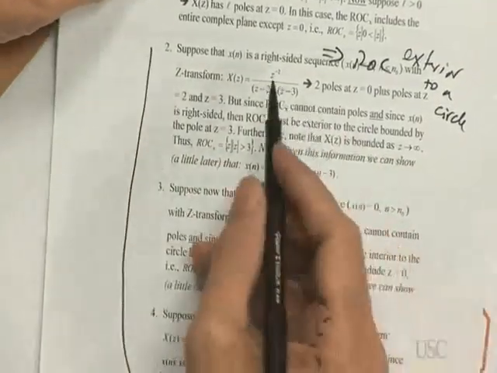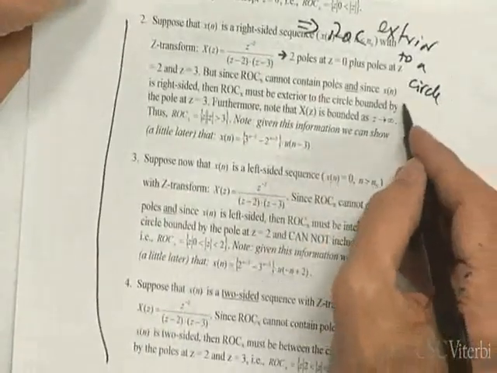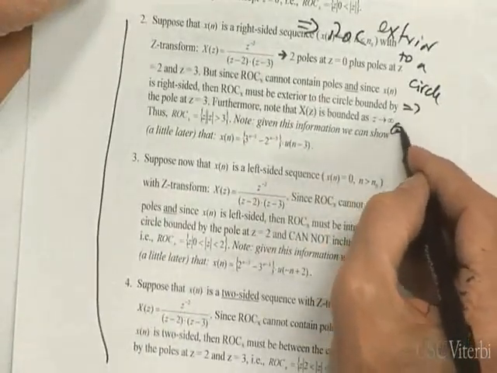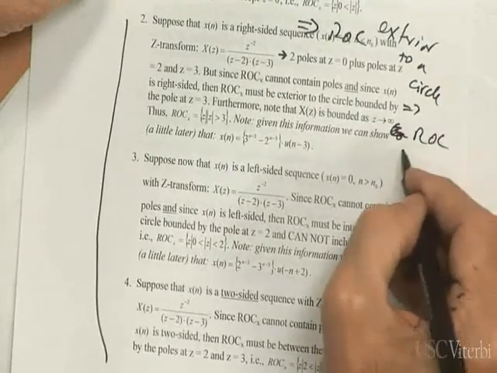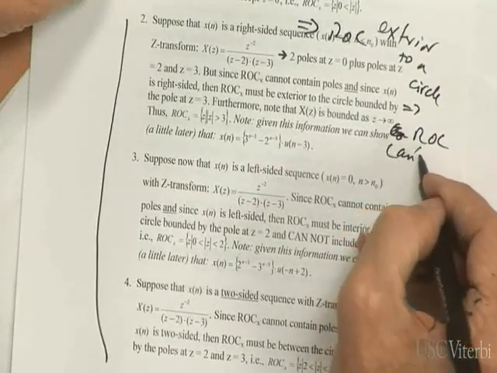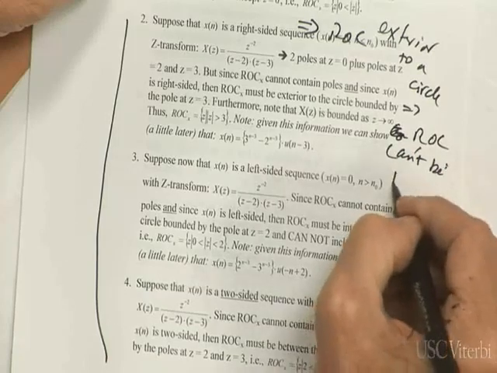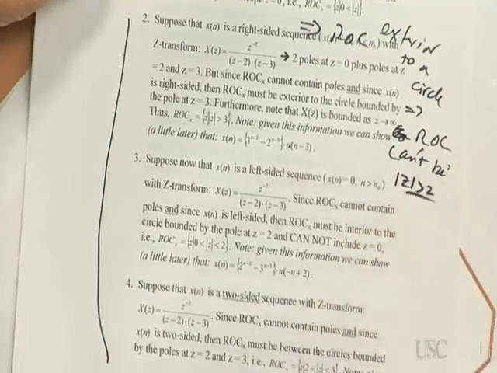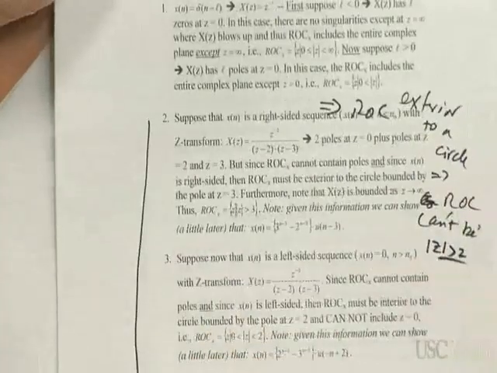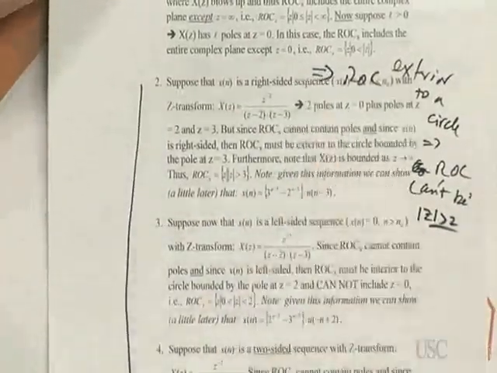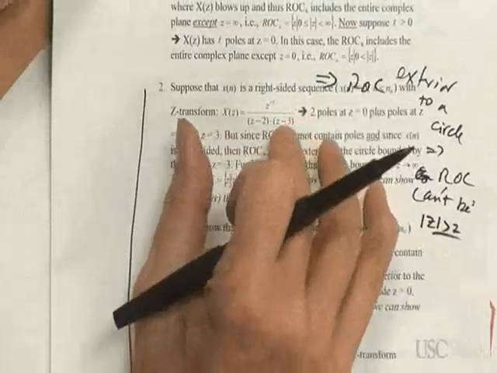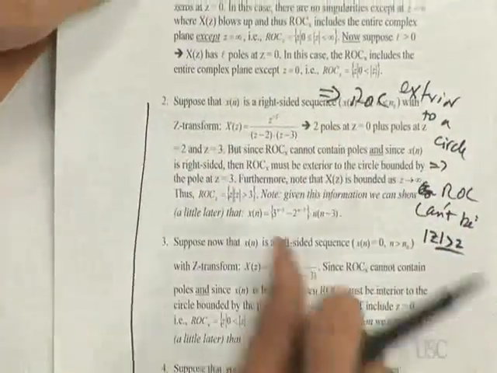Actually it can't be, so the ROC can't be magnitude of z greater than 2. See how that little side information pretty much uniquely determines the region of convergence and therefore the inverse Z transform. Why can't it be z greater than 2? Because there's a pole at z equals 3, so the singularity at z equals 3 would be in the region of convergence, which we know is exterior.